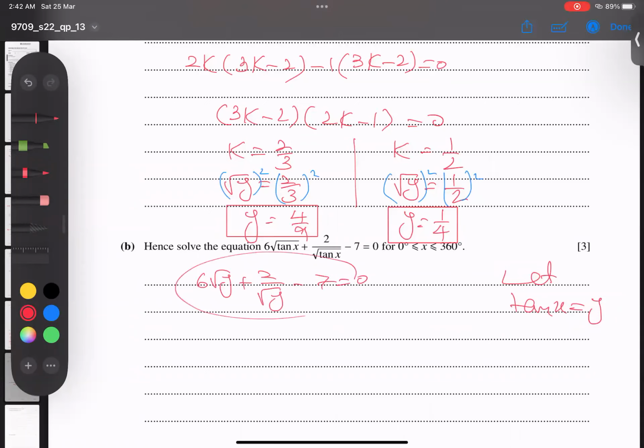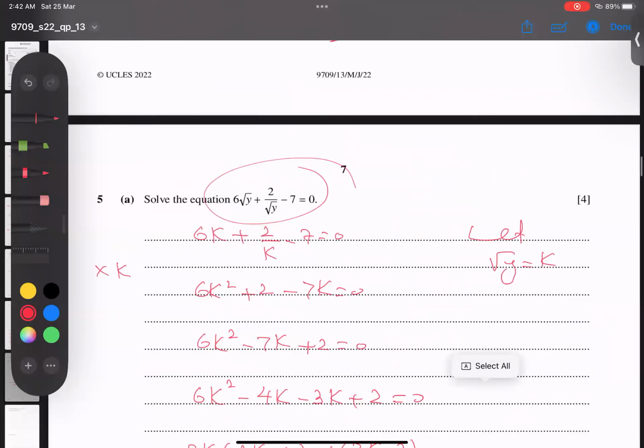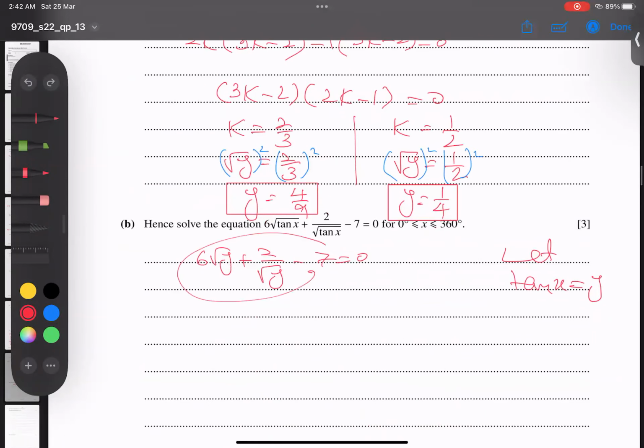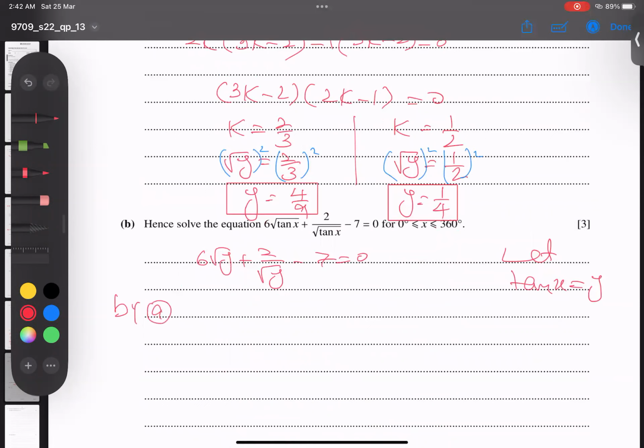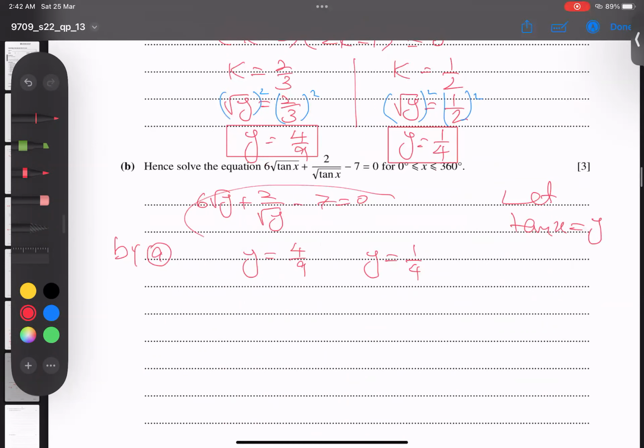Now, does this equation fully match? And you know it very well that this equation's answers are available. So it means by part A, I got the answer for this equation: y equals 4 by 9 and y equals 1 over 4. No need to solve it again because I have done it on the top.